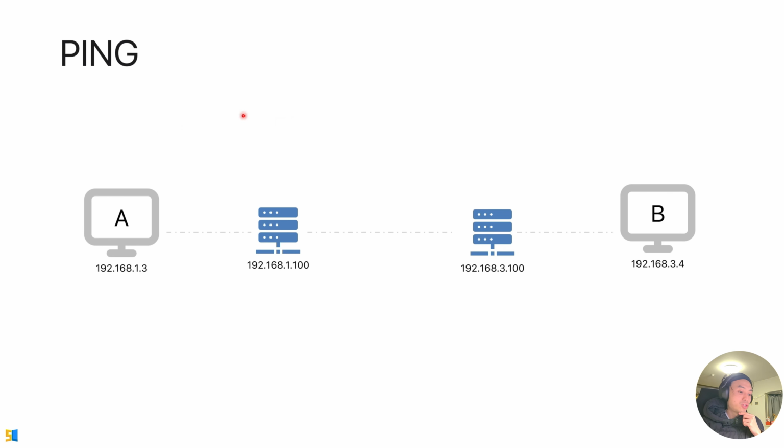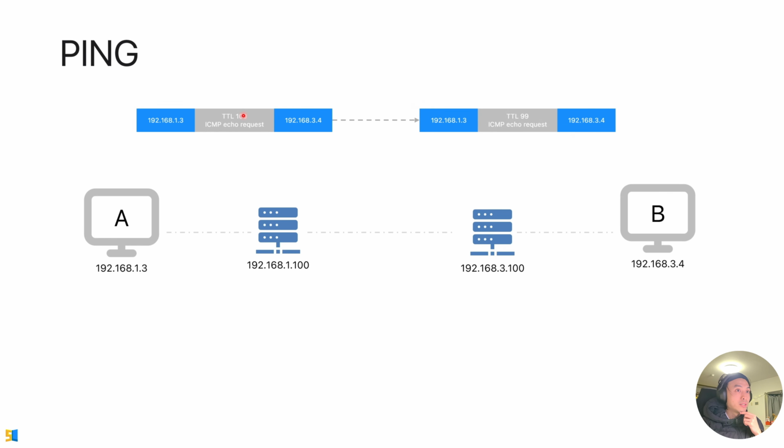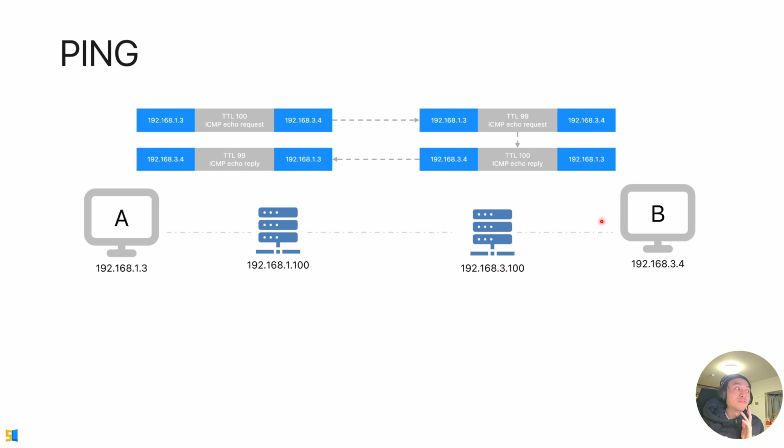It sends that packet, and then it will be received by B. B now receives the ICMP echo request, and then B will reply with an ICMP echo reply type message, and then it will be received by A.